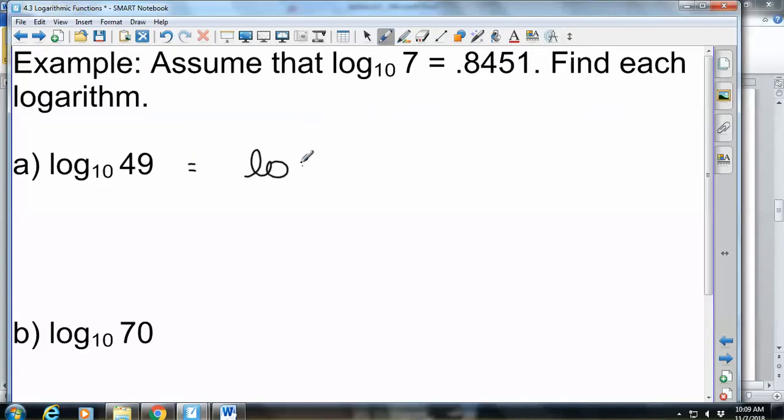How? Okay. What happens with that square? Goes in front. So this is 2 times log base 10 of 7. But I know log base 10 of 7, I told you what that value was.